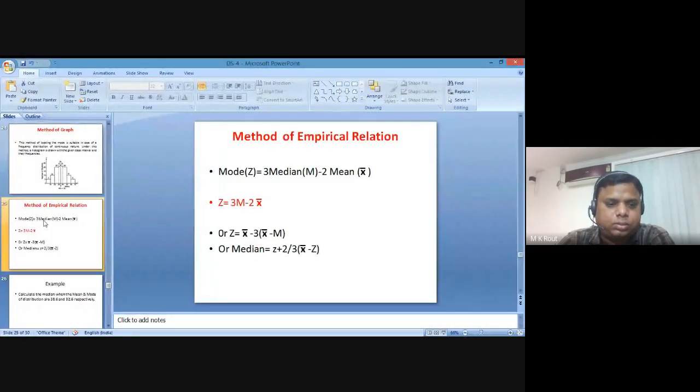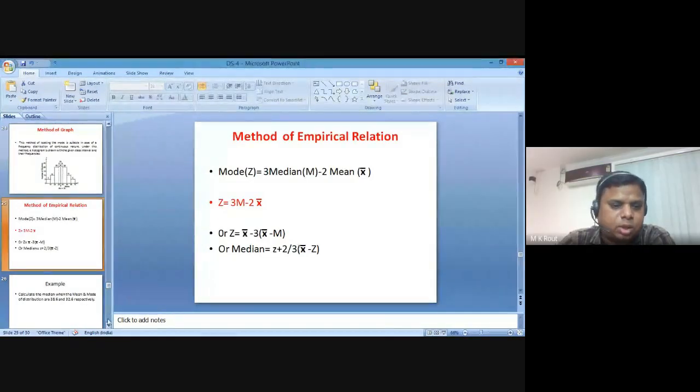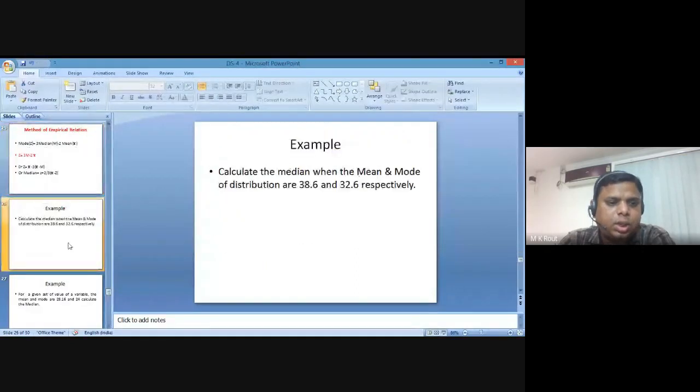Is it done by all? Yes, sir. Okay, let's solve an example. Calculate the median when the mean and mode of a distribution are 38.6 and 32.6 respectively.